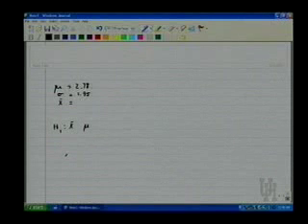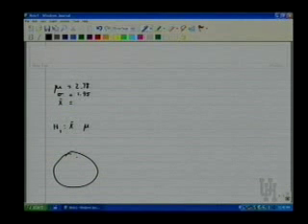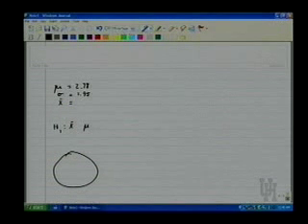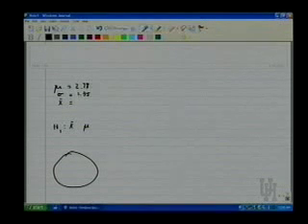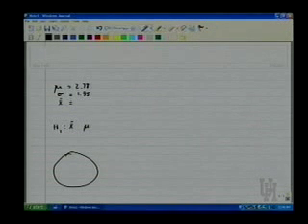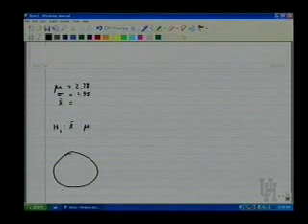Perhaps I haven't explained this very well. You have a population comprised of all commuter students who take an introductory history course in a given semester.